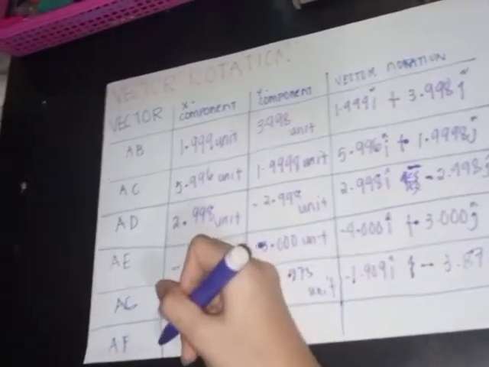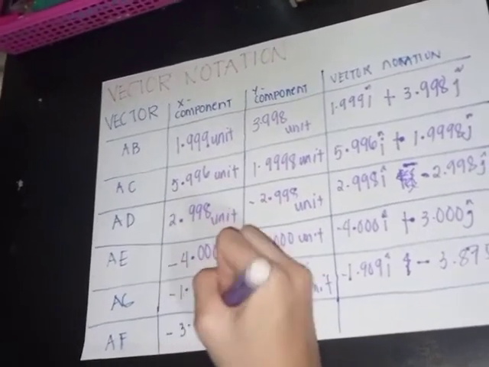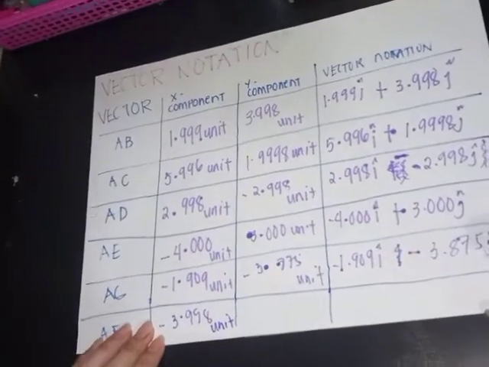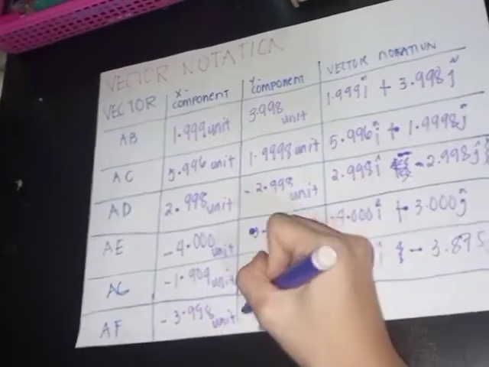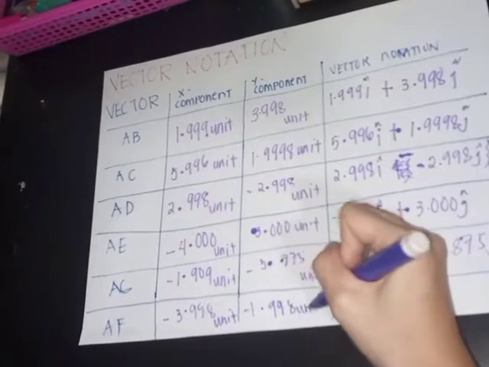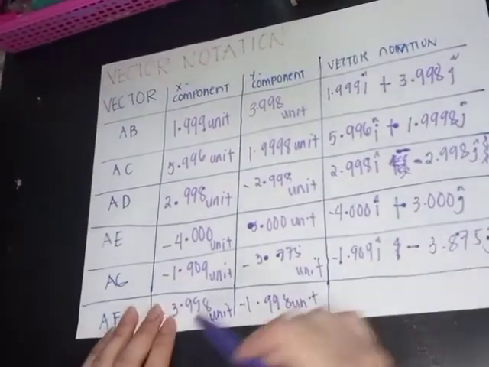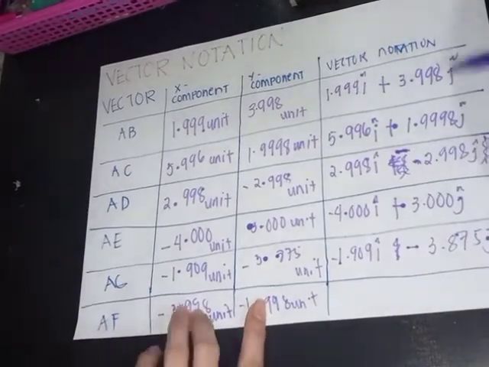So for vector AF, we have negative 3.998 unit for x component, and for y component we have negative 1.998 unit, and for our vector notation we just have to write the x and y component with the vector notation of i and j.